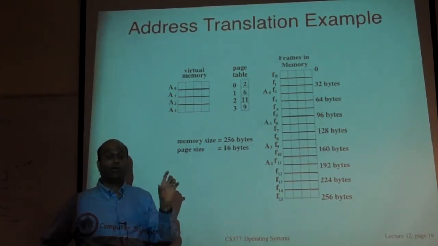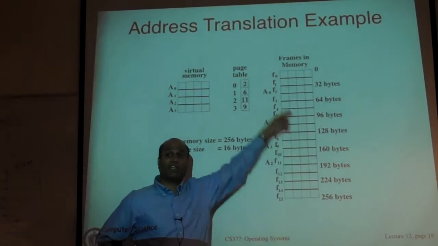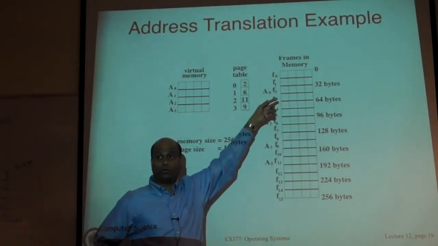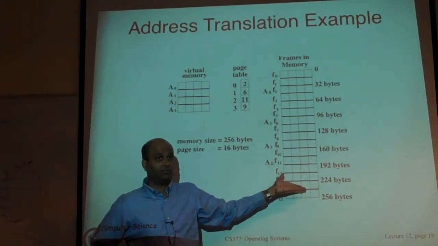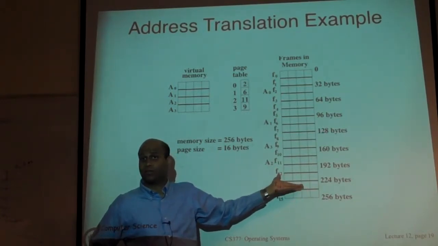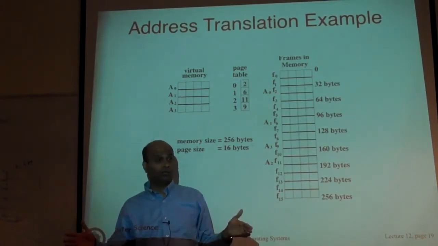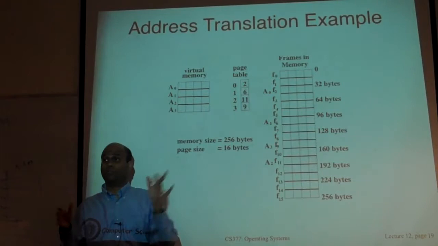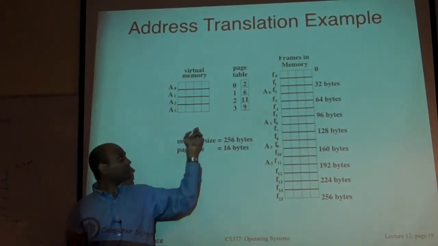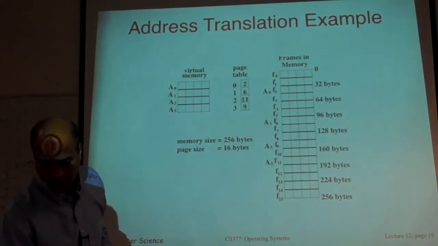So basically low order 4 bits and high order 4 bits. This memory can be addressed with 8 bits. 8 bits allows you to address 256 bytes, 2 to the power 8. So every memory address is 8 bits long. The low order 4 bits, which is 2 to the power 4, will be the offset, and the high order 4 bits will be the page number.